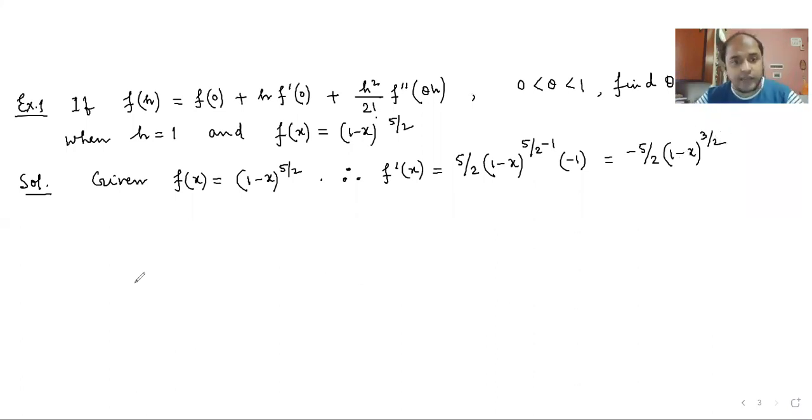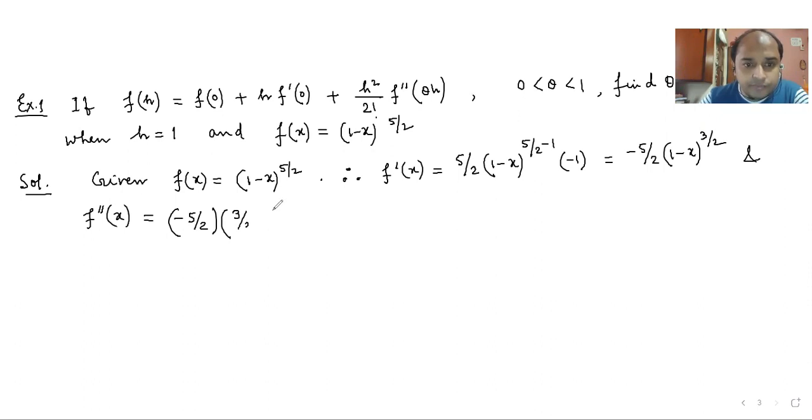So we have got this. Okay, that is your f dash x, and your f double dash x would be minus 5 by 2 into 3 by 2, (1 minus x) to the power 3 by 2 minus 1 into minus 1.